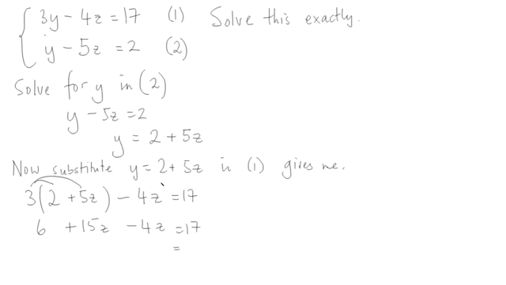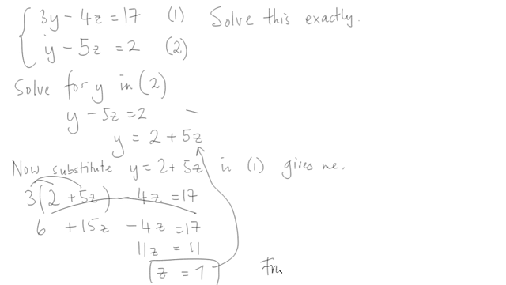15z minus 4z is 11z. And 17, move the 6 over here, gives minus 6. 17 minus 6 is 11. So 11z is 11, so z must be 1. That was nice and easy. So now we've got z equals 1. We put that back in this equation here, which was equation 2.